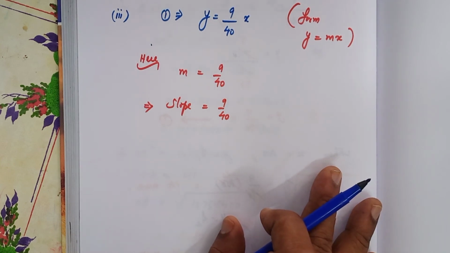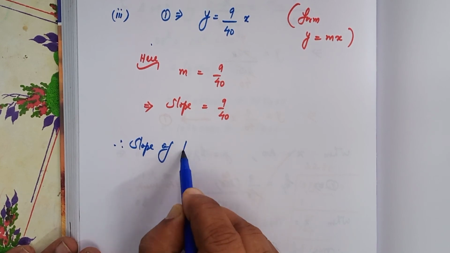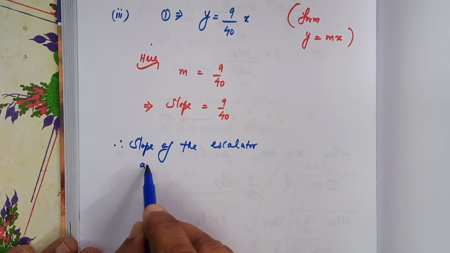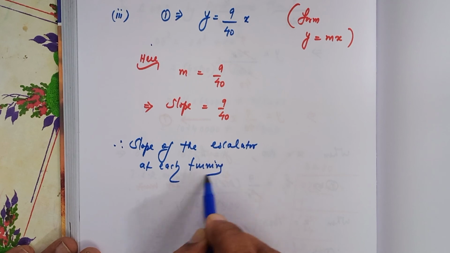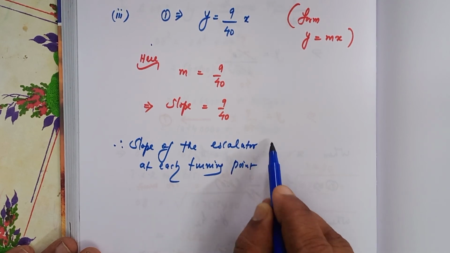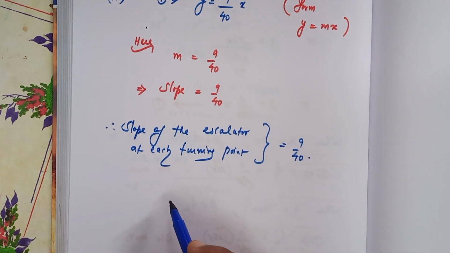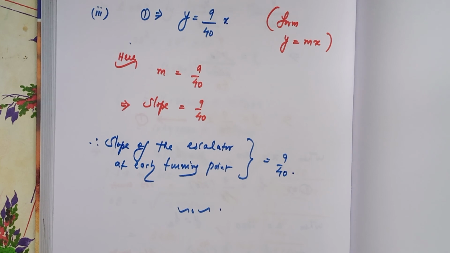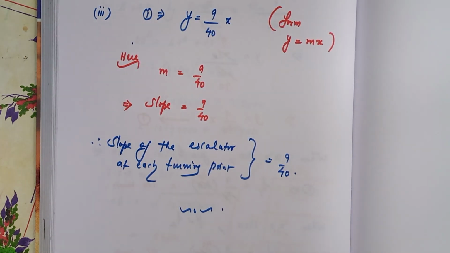Therefore, the slope of the escalator at each turning point is equal to 9 by 40. Over. Problem number 15 is completed. Exercise 6.2 is over. Thank you, children.